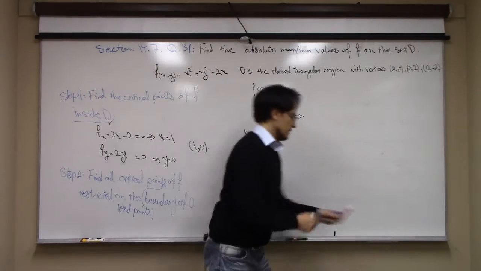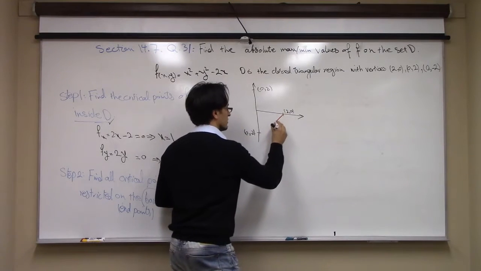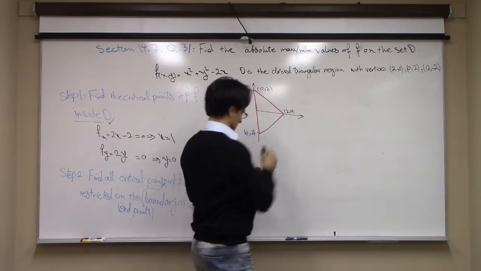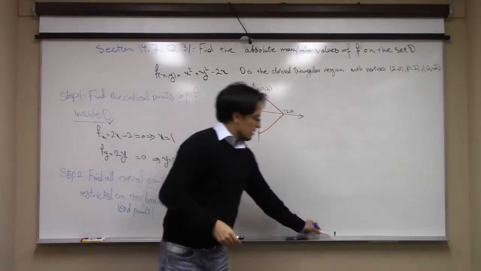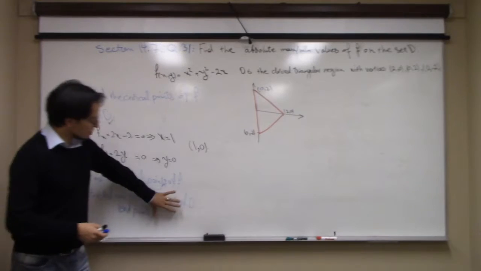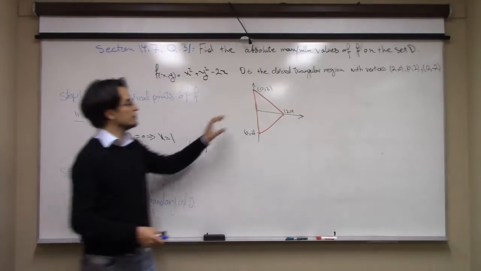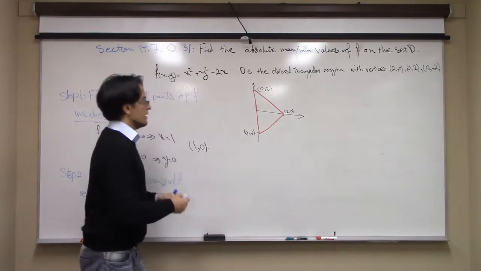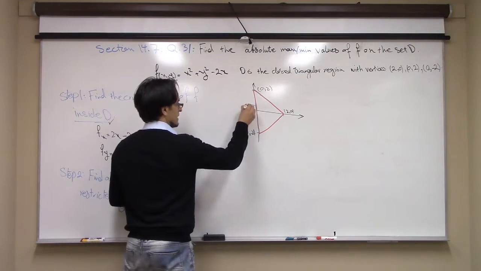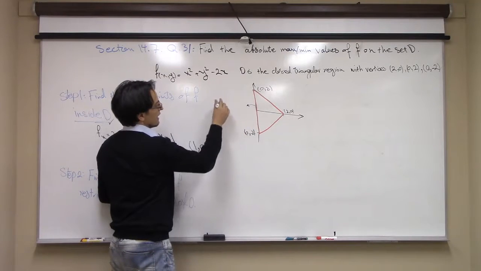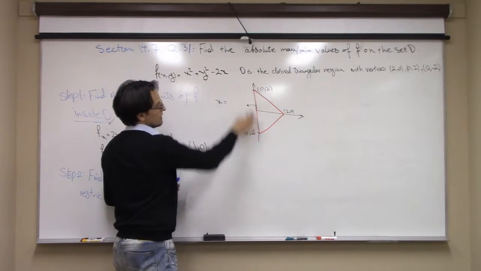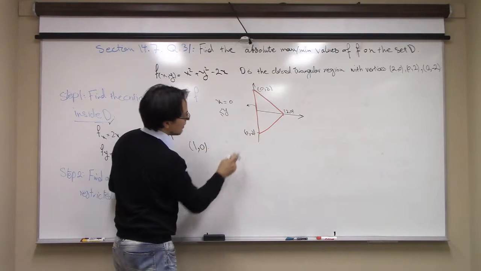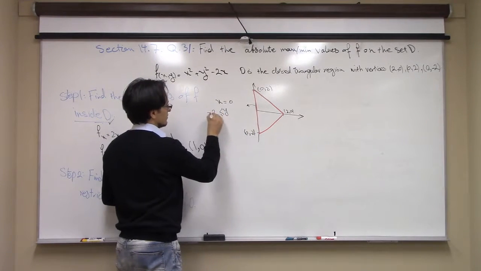So basically, my triangular region is this thing. To be able to restrict my function on the boundary, I have to figure out the equation for each piece. So here I have to do this piece. For every point on that piece, x is equal to 0, and y goes from -2 to 2.